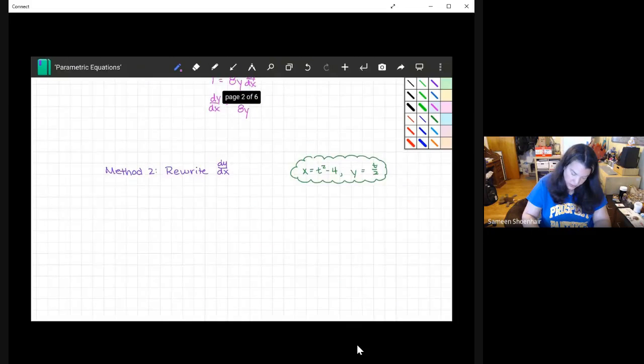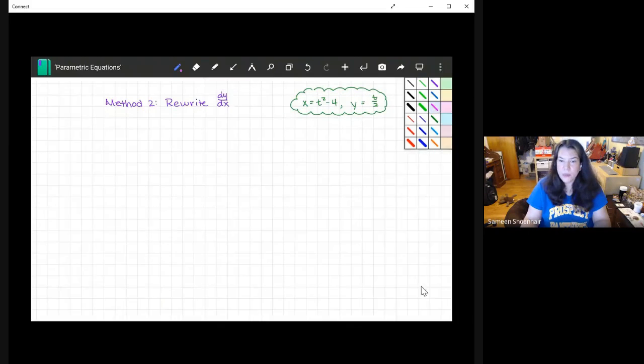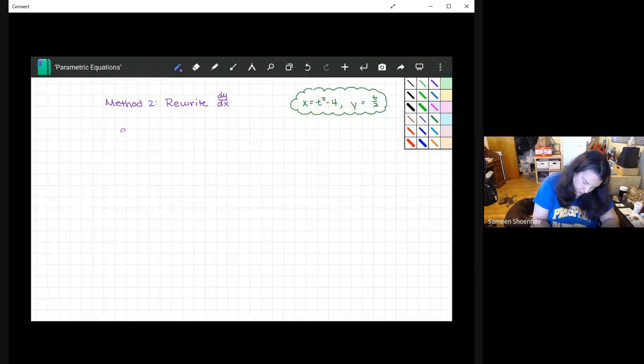Another way, though, is you don't have to eliminate the parameter. You can just go ahead and rewrite dy/dx. Now, I just put the curves over here as a reference, but it's the same equations we've been using. Remember that dy/dx can be written as dy/dt over dx/dt. So we can just take the derivative of each of these equations with respect to t.